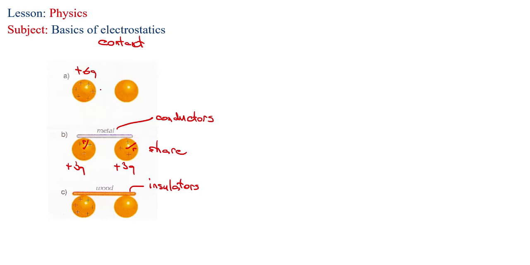Okay, assume that I have two charged materials, Q1 here and Q2 here, and after some time it becomes Q1 prime after contact, and that is Q2 prime. How do they share the charges? The formula for this is easy. Q1 prime is equal to (Q1 plus Q2) over (R1 plus R2), times R1.